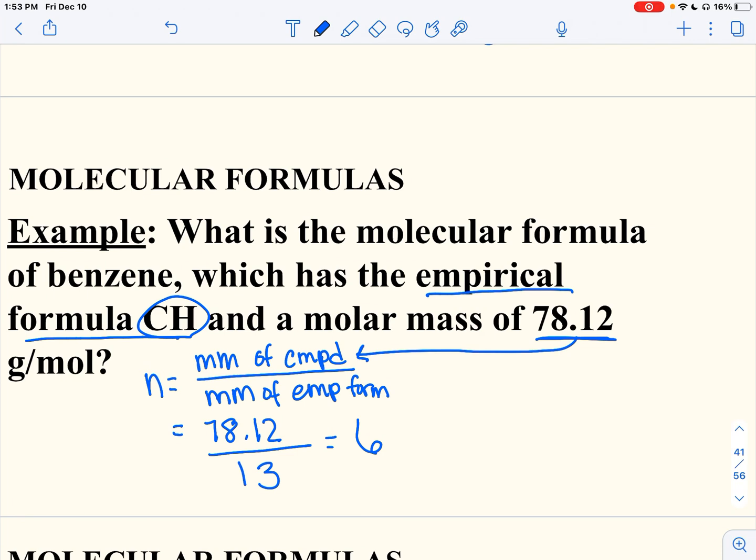So then you take your empirical formula and multiply it by 6. Whatever your N is, you multiply each subscript by that number. So here, your molecular formula is going to be C6H6.